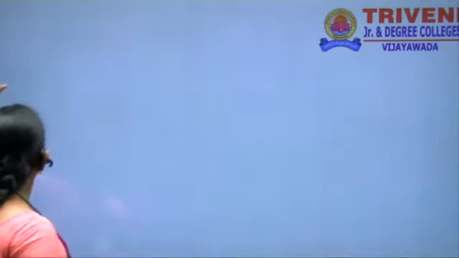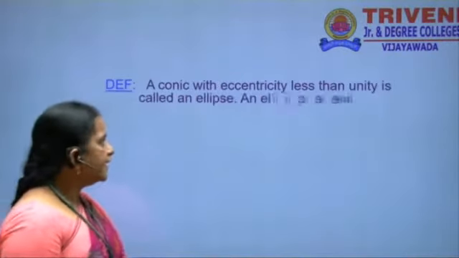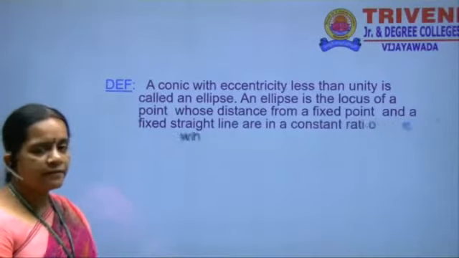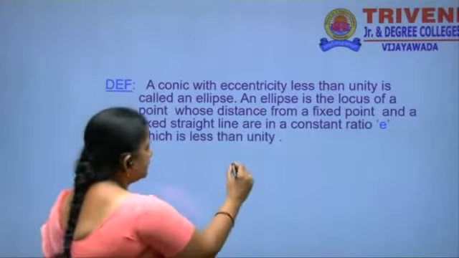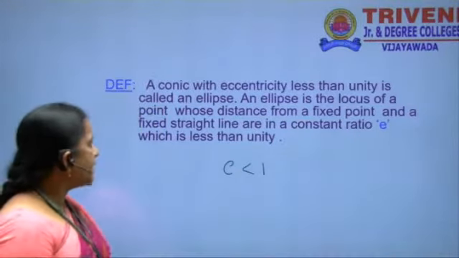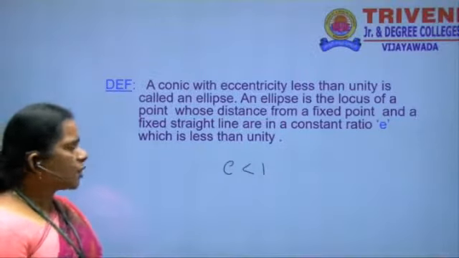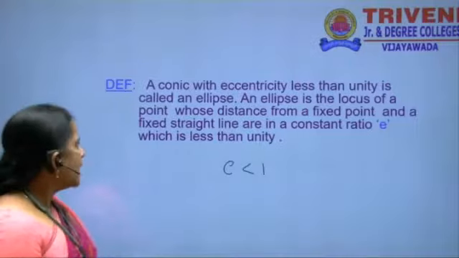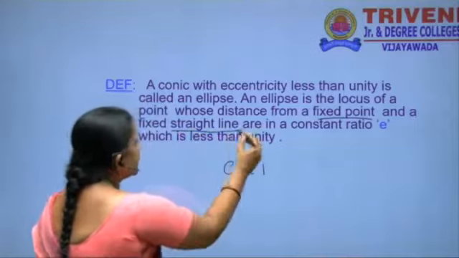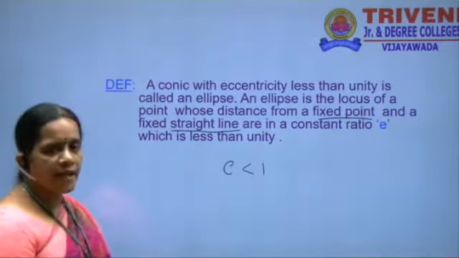Then the definition of the ellipse is a conic with eccentricity less than unity. Eccentricity is denoted by E, and E less than 1 is an ellipse. An ellipse is the locus of a point whose distance from a fixed point and a fixed straight line are in the constant ratio E, which is less than unity.